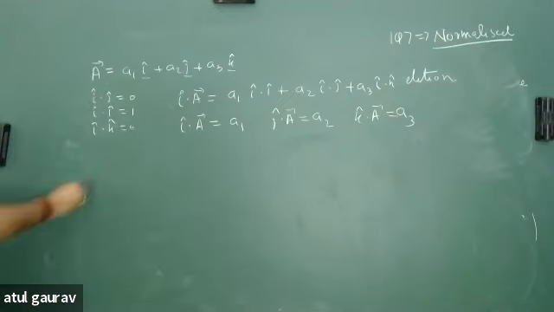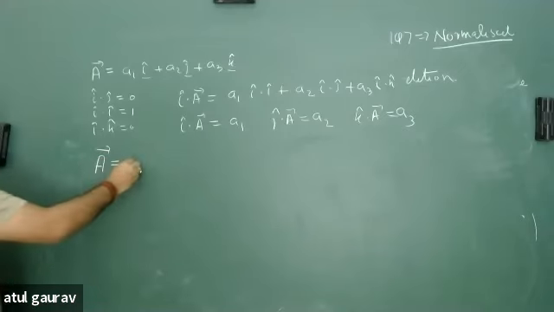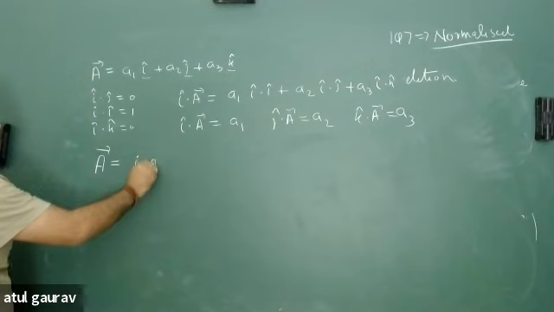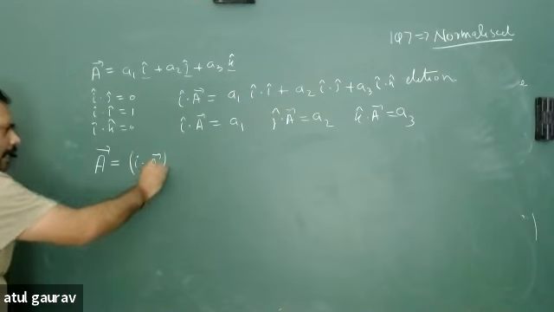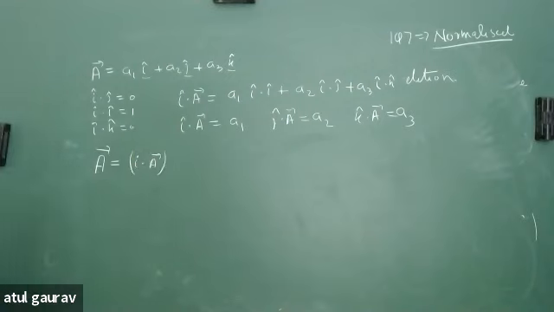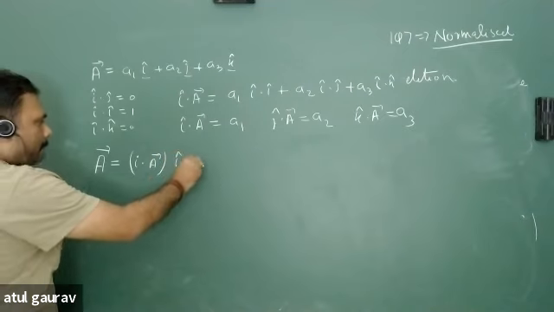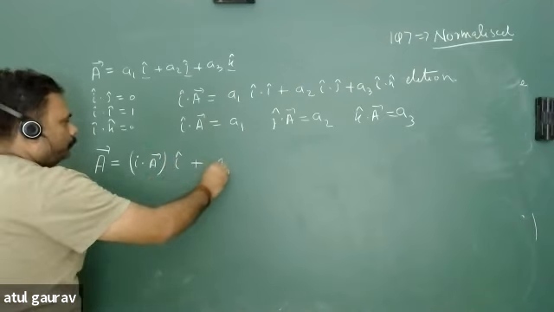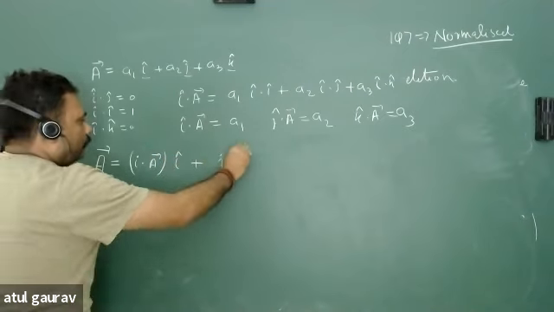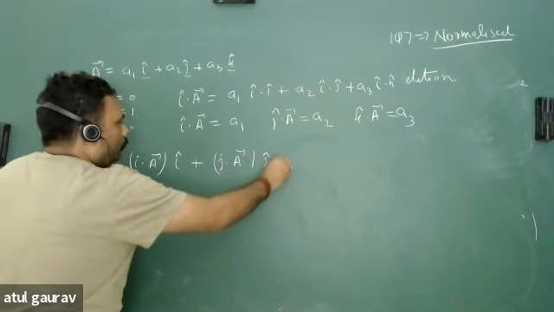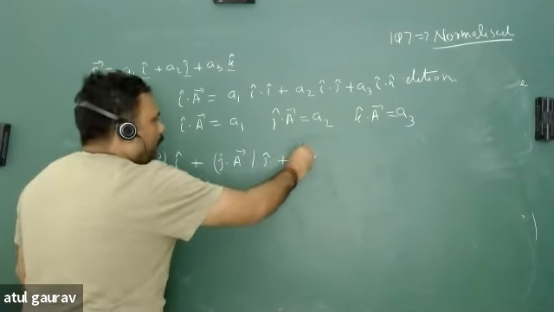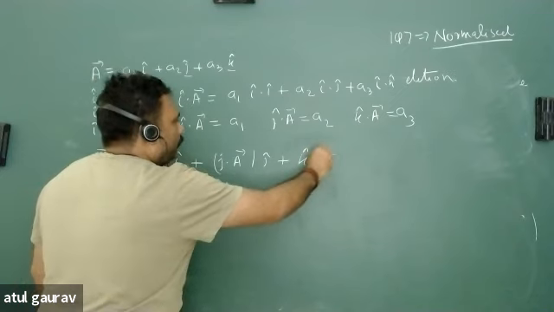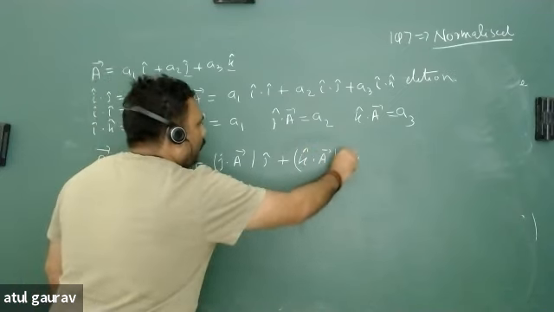Now can I write this vector as i dot A? This is the actual thing we will do in quantum mechanics. Can I write the vector A as i dot A i cap plus j dot A j cap plus k dot A k cap?